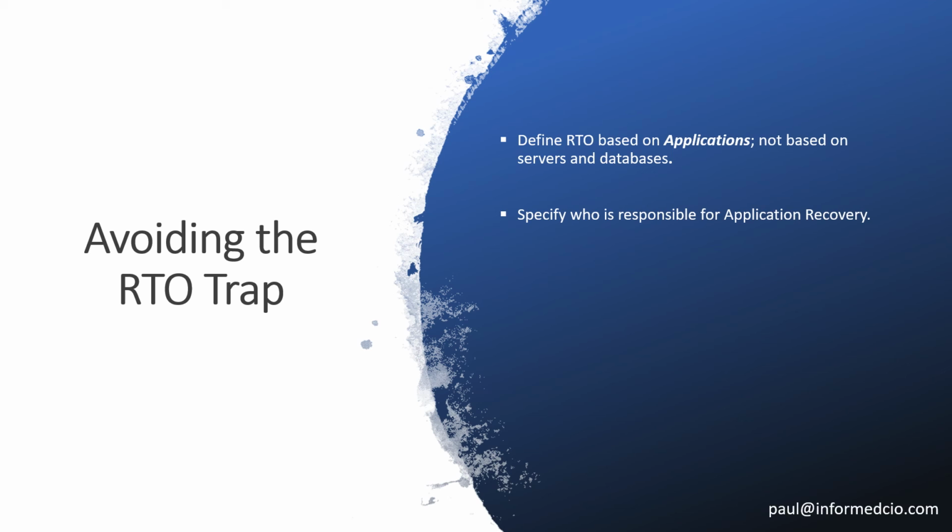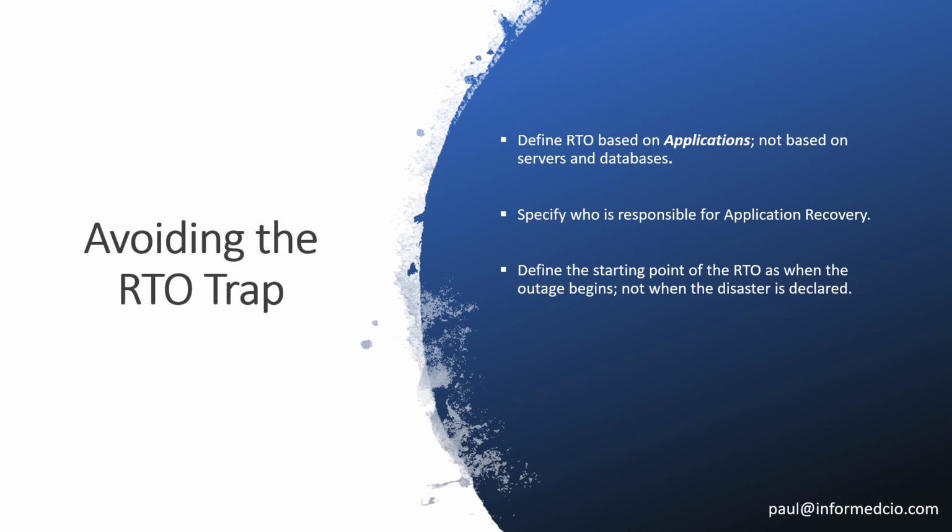The next thing is make sure that you're specifying who's responsible for application recovery. This is especially important in the context of a managed services provider. If you have a third party that's doing these recovery activities for you, are they just recovering the servers and the databases, or are they also responsible for making sure that that application is usable?